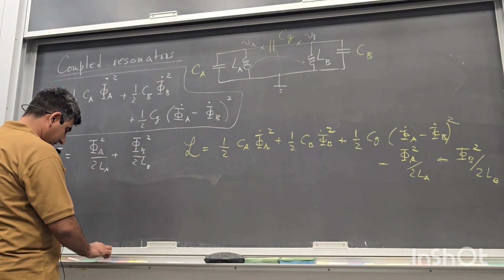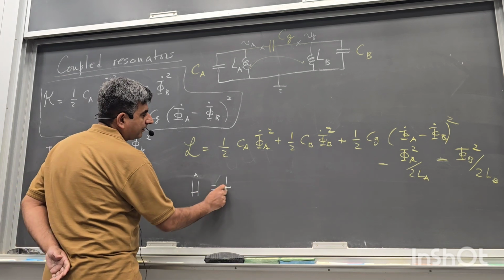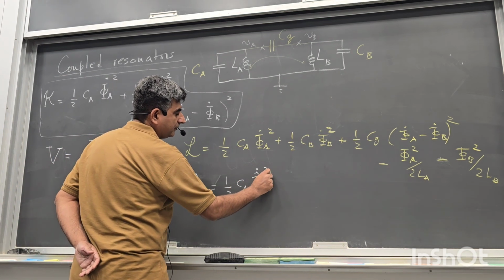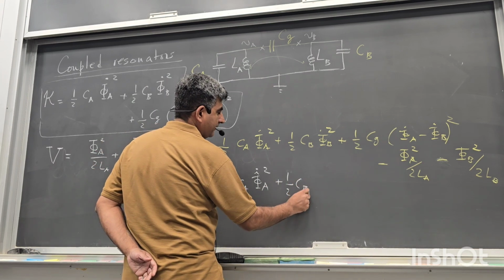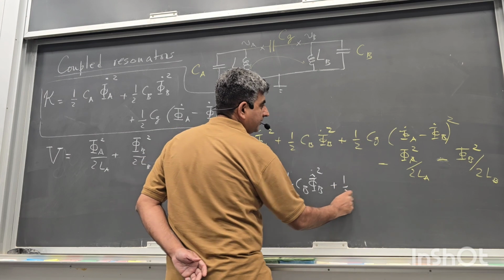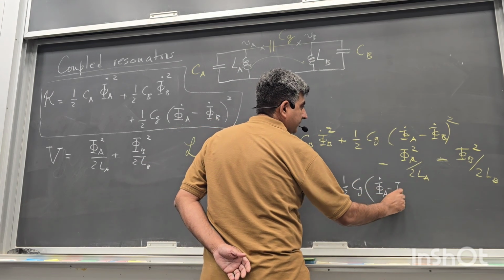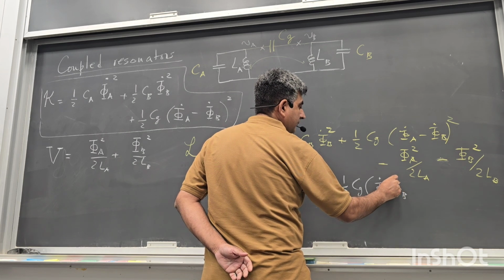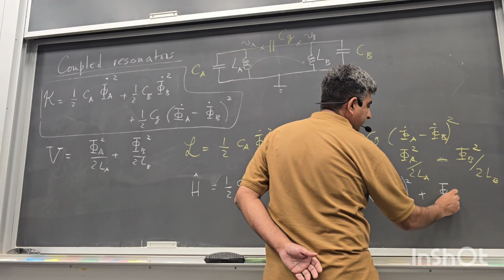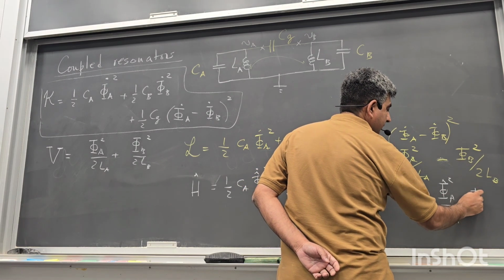So for completeness, let me also write down the Hamiltonian: half CA phi A dot squared plus half CB phi B dot squared plus half CG phi A dot minus phi B dot squared plus the inductive terms.